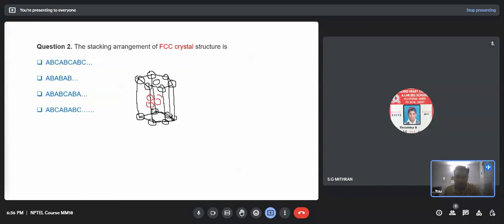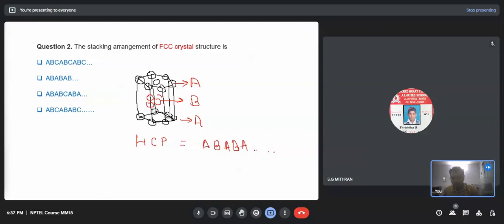Here you can see this one we can say A, and this one will be B, and then it is again repeating A, stacking. So for HCP it will be A, B, A, B, A manner. Okay.